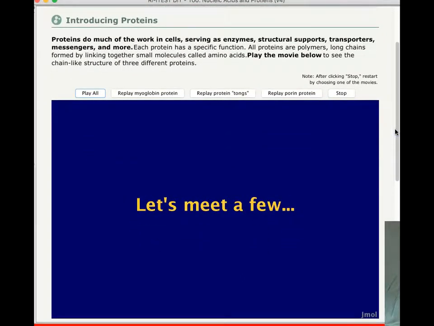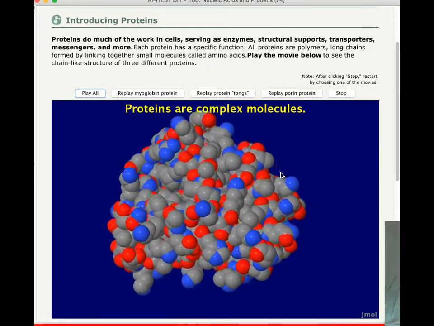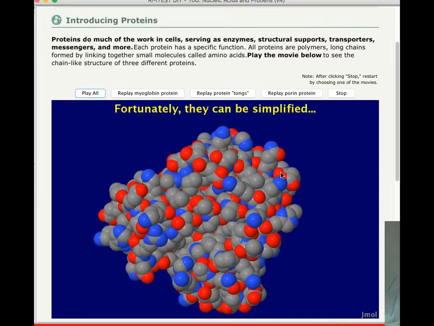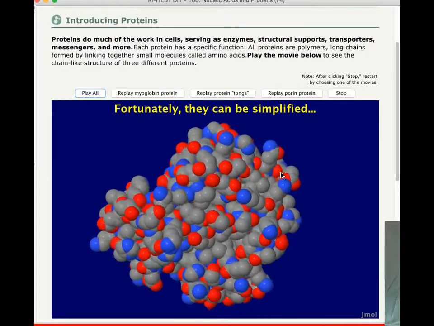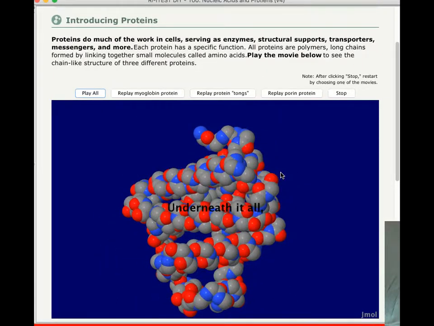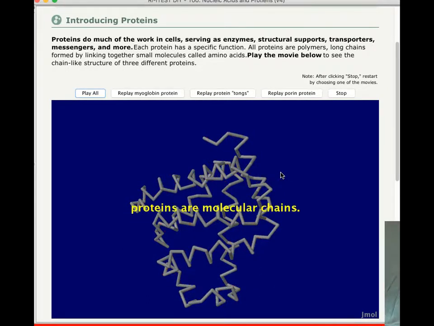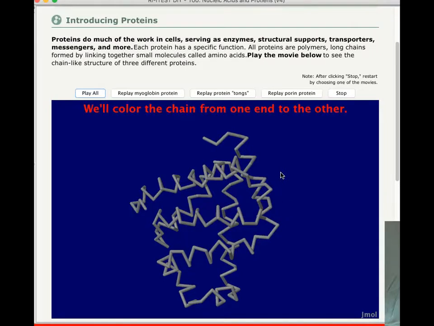Let's ask ourselves, what are proteins? Here's a big globby protein called myoglobin. And they're going from the ball and stick to the space filling model, kind of a chain model to help you see how all those amino acids are stuck together.